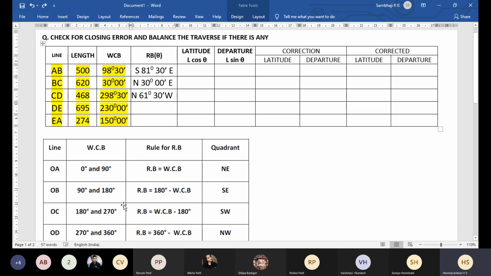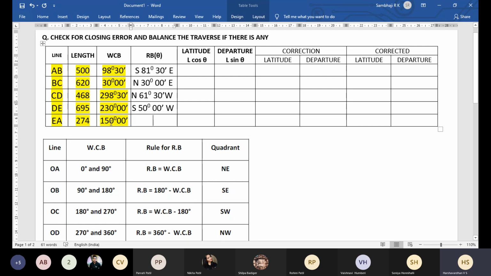The next line is 230 degrees, which lies between 180 and 270. If the whole circle bearing is between 180 and 270, the reduced bearing is the whole circle bearing minus 180 degrees, and it lies in the southwest. So it is south 50 degrees 0 minutes west.